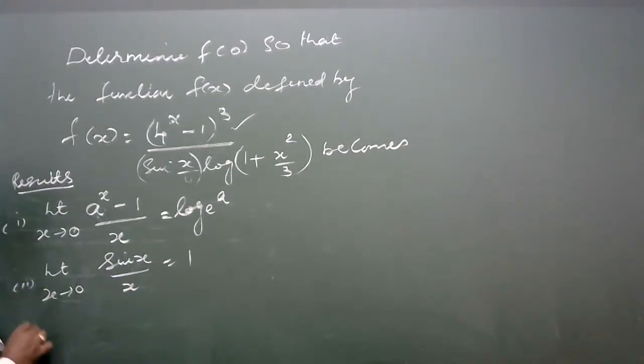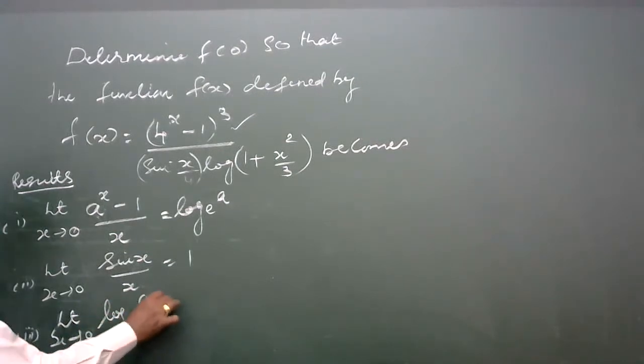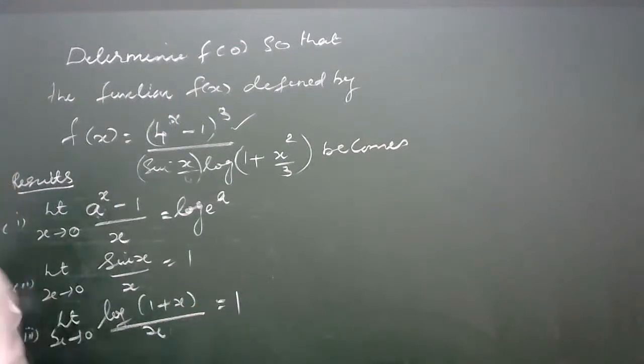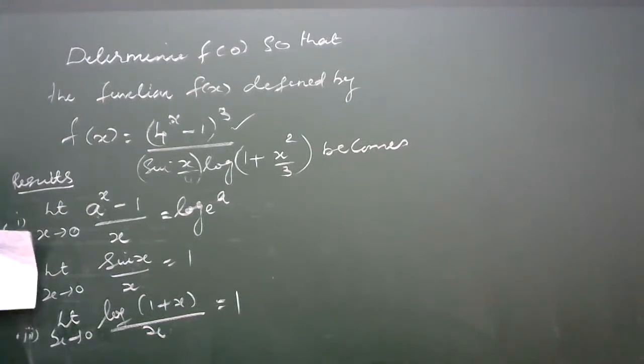Now, the third one. Limit x tends to 0, log of 1 plus x, the whole upon x, is equal to 1. So, students, recall it, those who didn't study properly. Without writing the annual examination in mathematics, you all passed. Very good, congratulations.